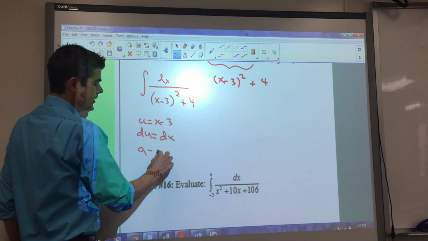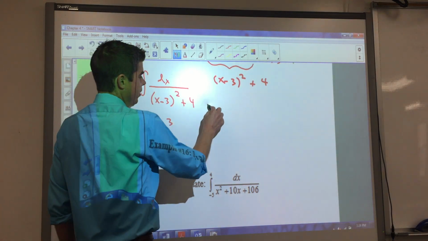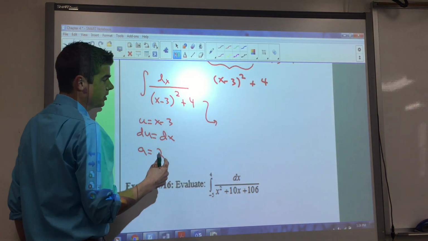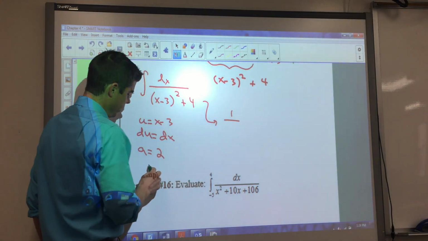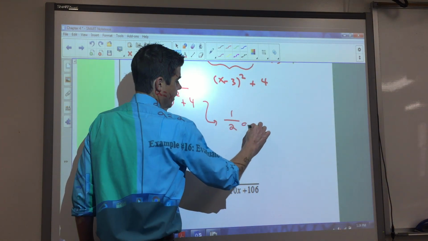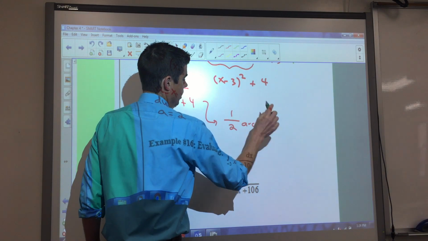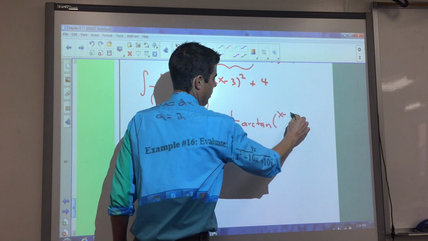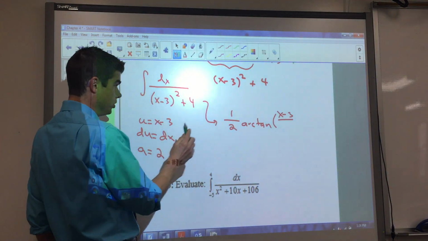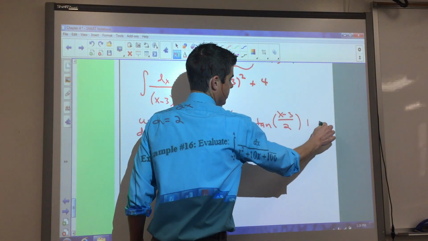And in this case, my a is equal to 2. So this is characteristic again of arctangent. Arctangent is 1 over a, so a was 2, so 1/2 arctangent of u, which is x minus 3, over a, which is 2, plus c.